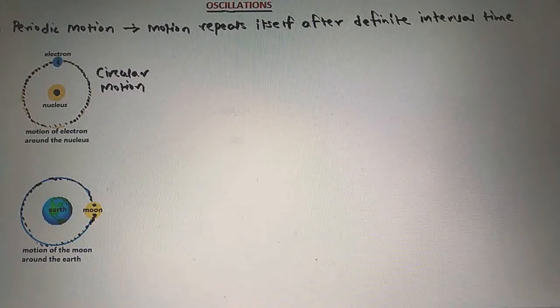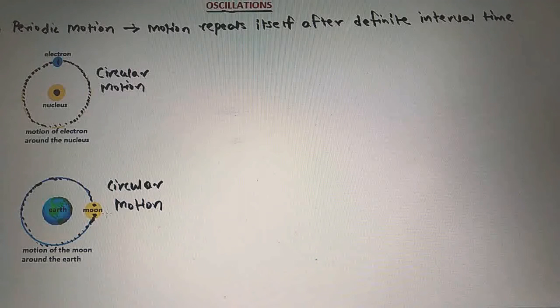The motion of the moon around the earth is a circular motion, and the moon repeats this circular motion around the earth after a definite interval of time. So the circular motion of the moon around the earth is a periodic motion. This is the second example of periodic motion.